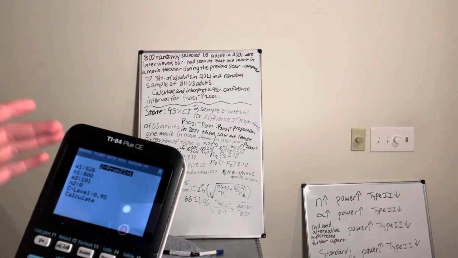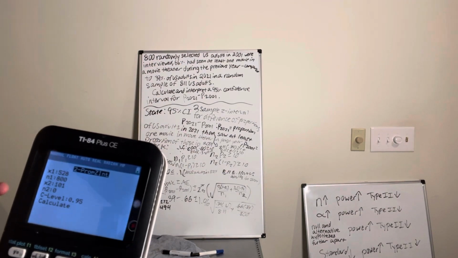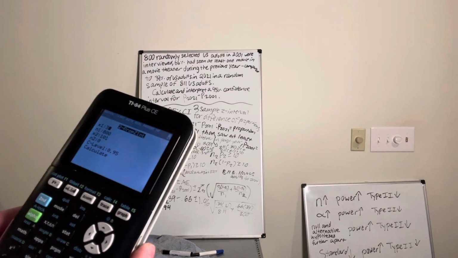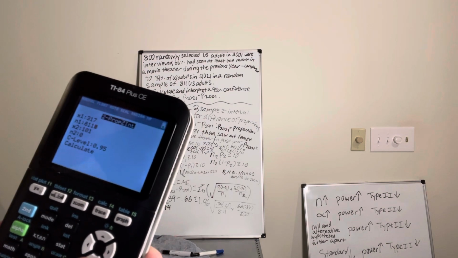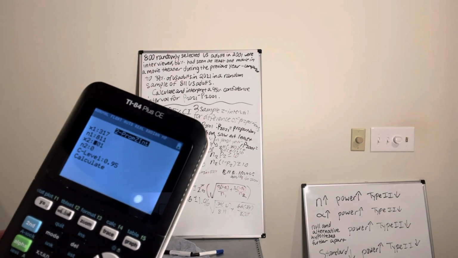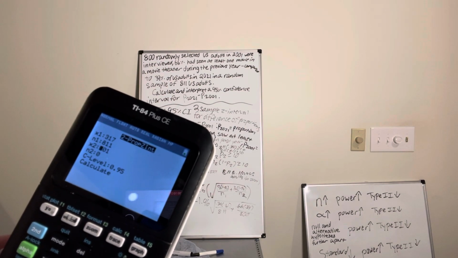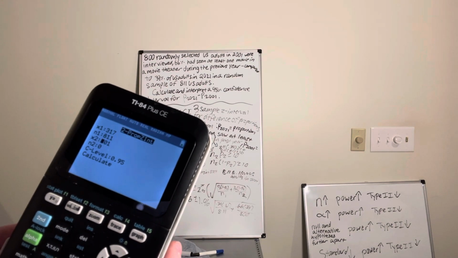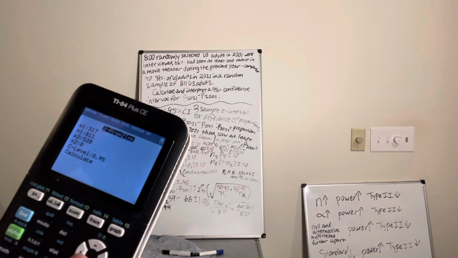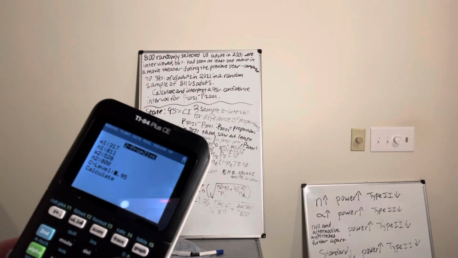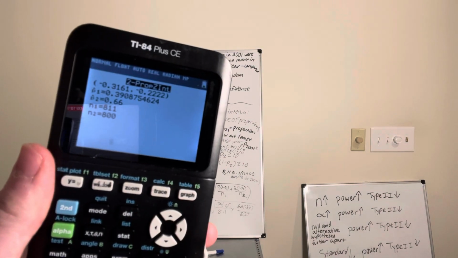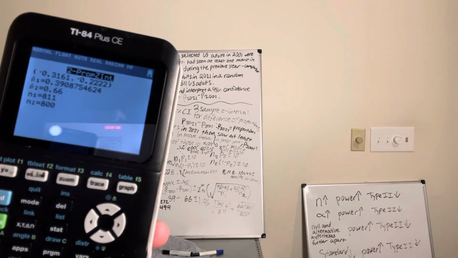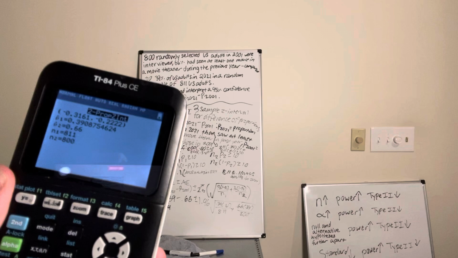So 2021 was 317 adults out of 811, and then 2001, which we're subtracting by our P2, is 528 out of 800, and then our confidence level is 0.95. And again, we just click it and we get everything. We get P1, P2, whatever, and we get the interval.